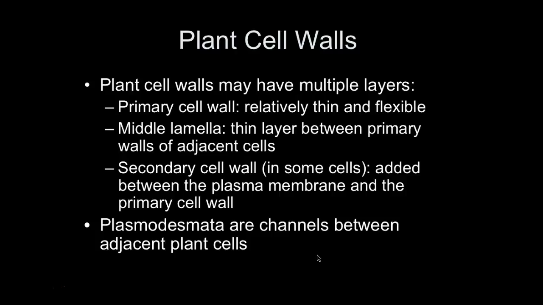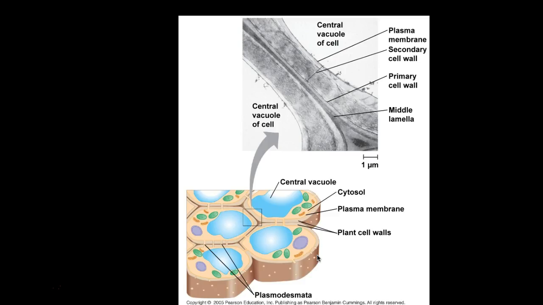Now, because the cell walls are rigid structures, because they contain cellulose, it's hard for substances to pass through that cell wall. So we need to have channels there, and the channels are called plasmodesmata. The plasmodesmata allow things to be transported between cells that are adjacent to each other.